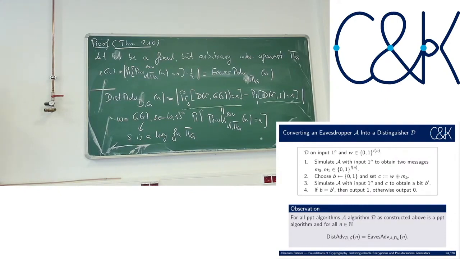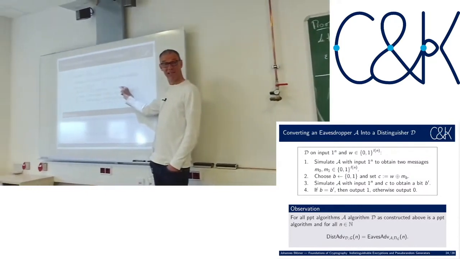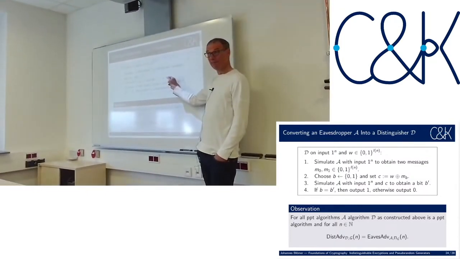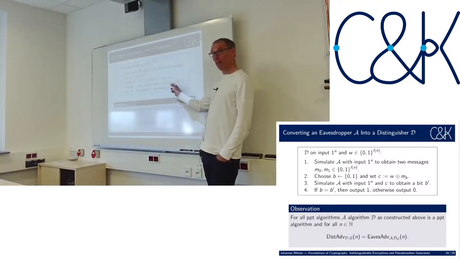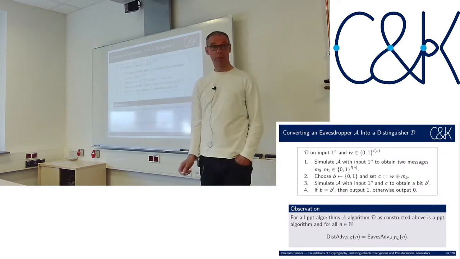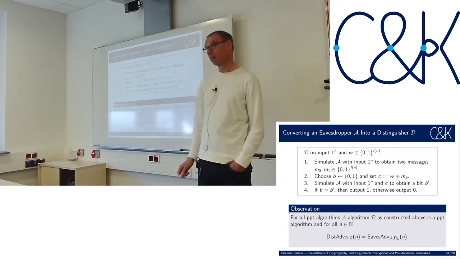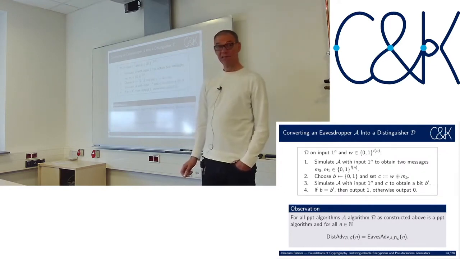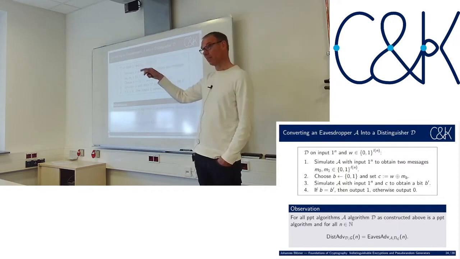What A gets here in this game is an encryption under the one-time pad. We know its advantage in the eavesdropping game, so it really plays the eavesdropping game against the one-time pad. We know what the probability of winning it is. It's 1/2.